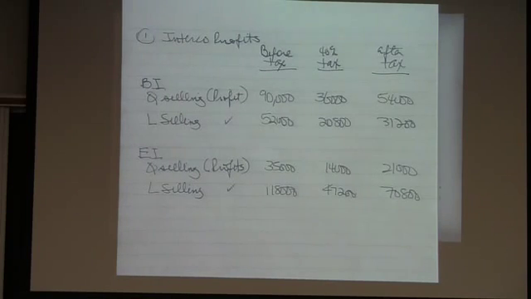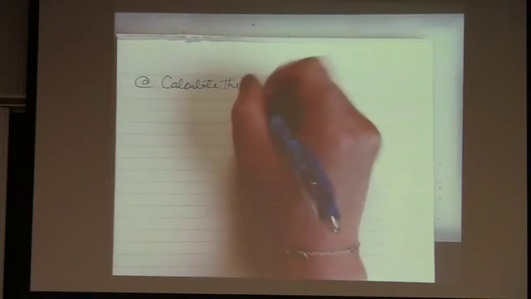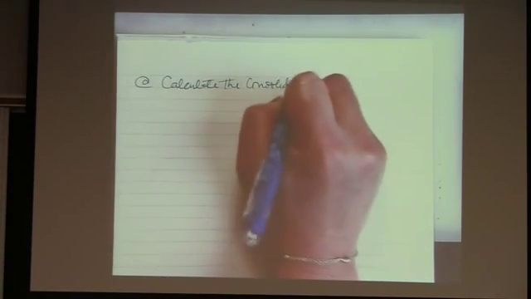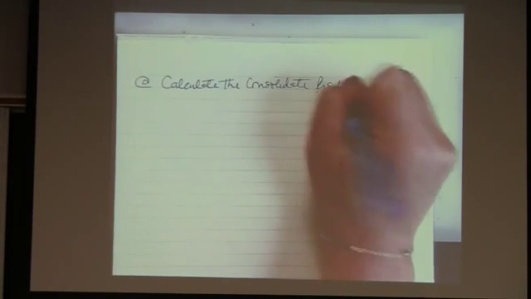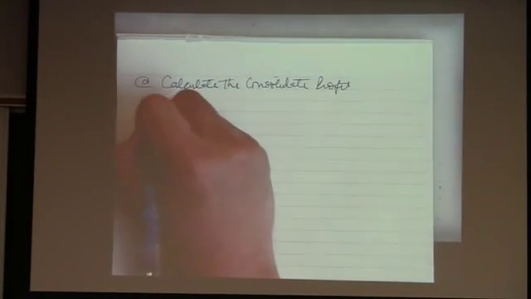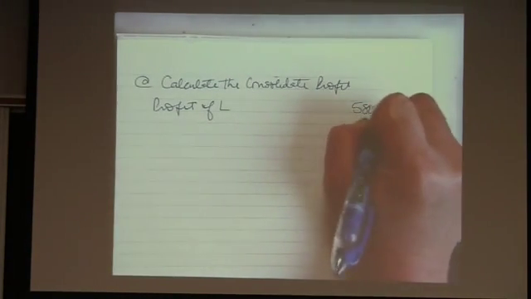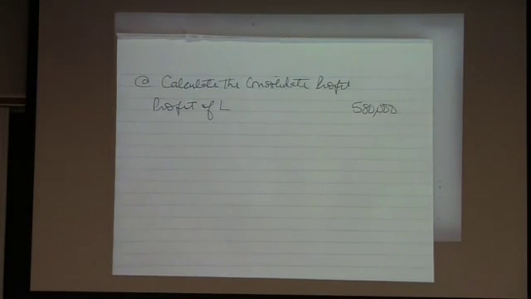Okay, so now we're asked to calculate the consolidated profit. So I'll do that on the next page. We always start with the parent. So what's the profit of the parent? 580. Now, do we have any sales that L did?